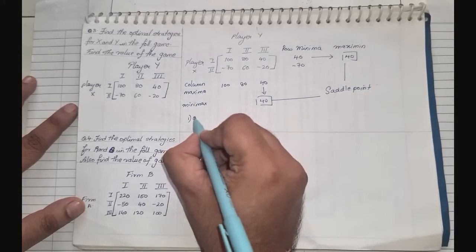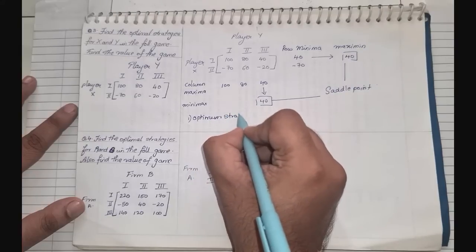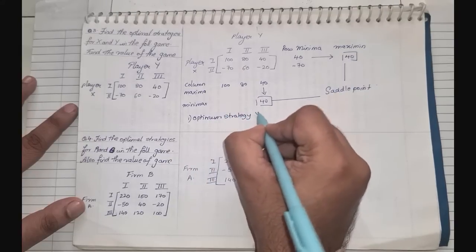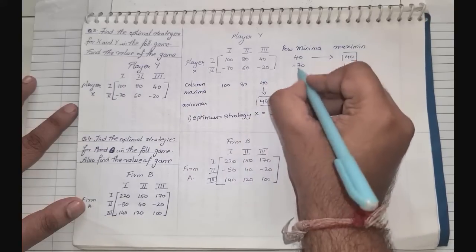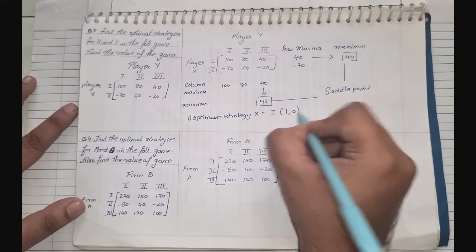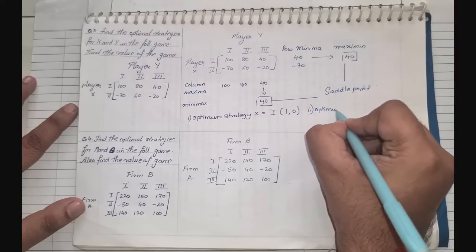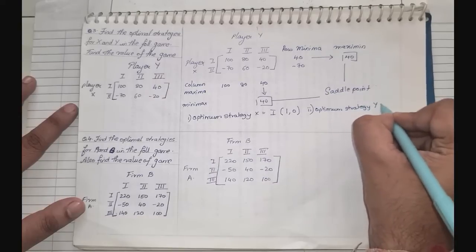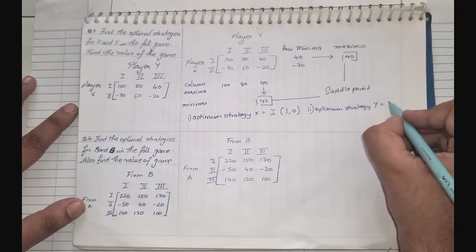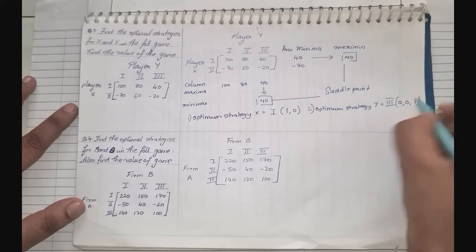Number 1, optimum strategy of X. The first value was selected, and there were only 2 games, so it will be 1, 0. The optimum strategy of Y, the third one was selected, so it will be 0, 0, 1.